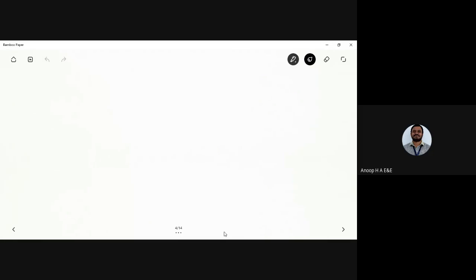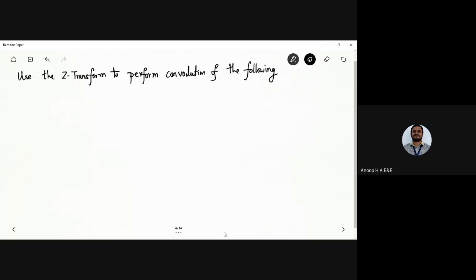So next what we have here is the impulse sequence, that is h of n, right? A problem like this is repeatedly asked: use the z transform to perform convolution of the following two sequences.